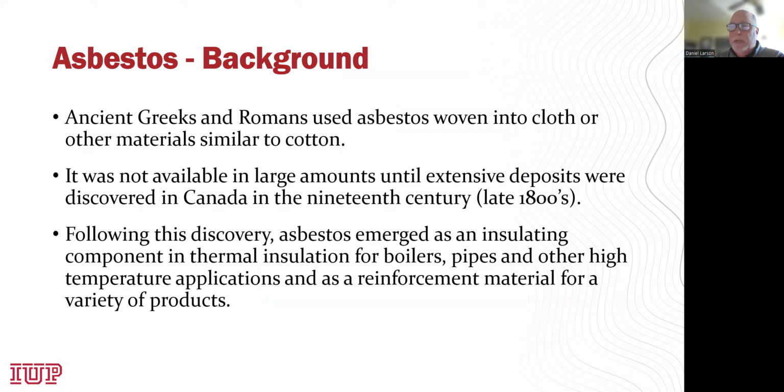It really wasn't in use in large portion until the late 1800s, when extensive deposits were discovered in Canada. And once they were found, new uses started to be realized for this material. And it emerged as an insulating component in thermal insulation for boilers, pipes, and high temperature applications.